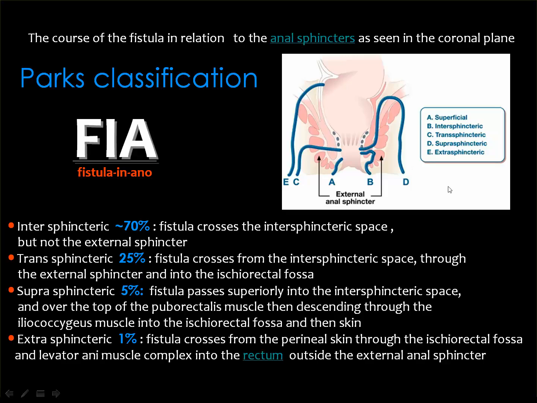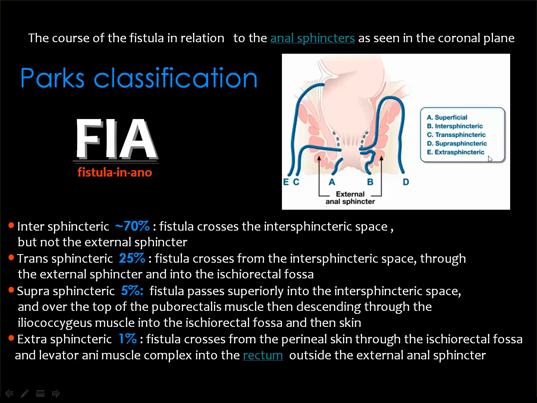Then the intersphincteric one is that fistula tract lying between the internal sphincter and the external sphincter. The transsphincteric is this one going through the internal and the external sphincter.